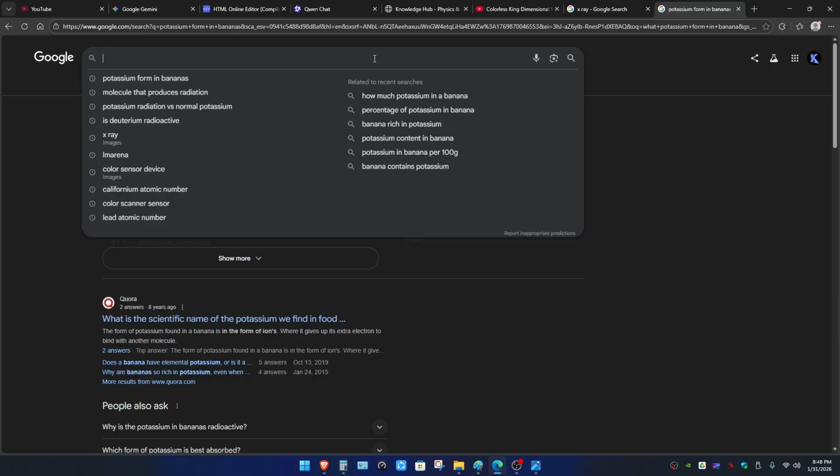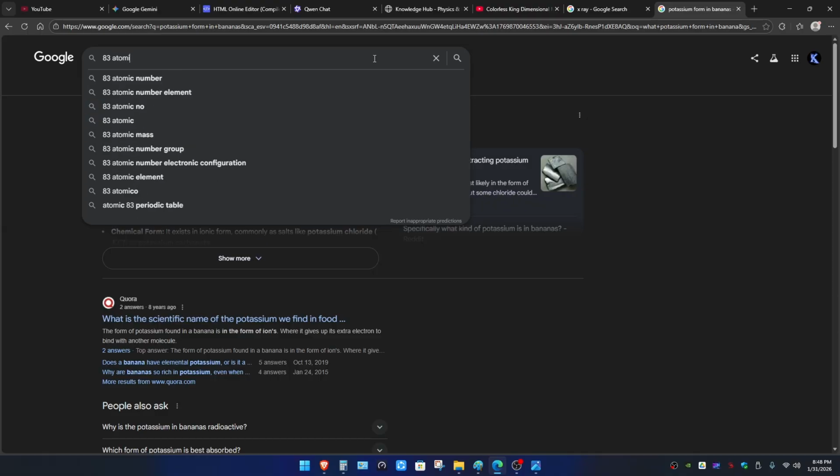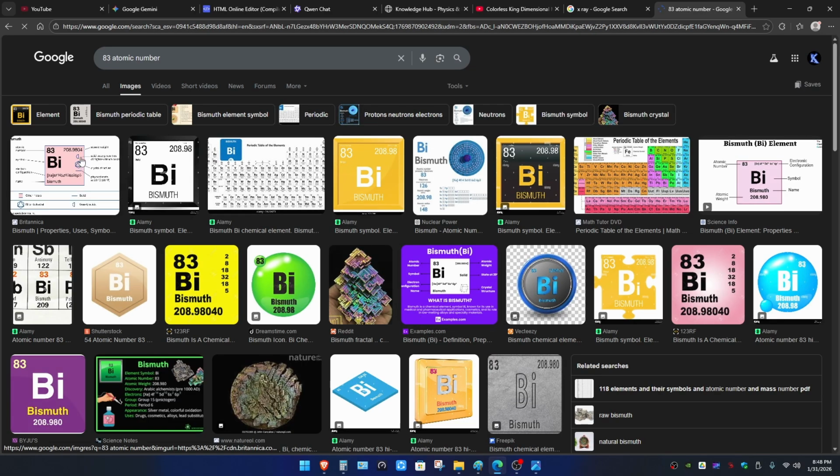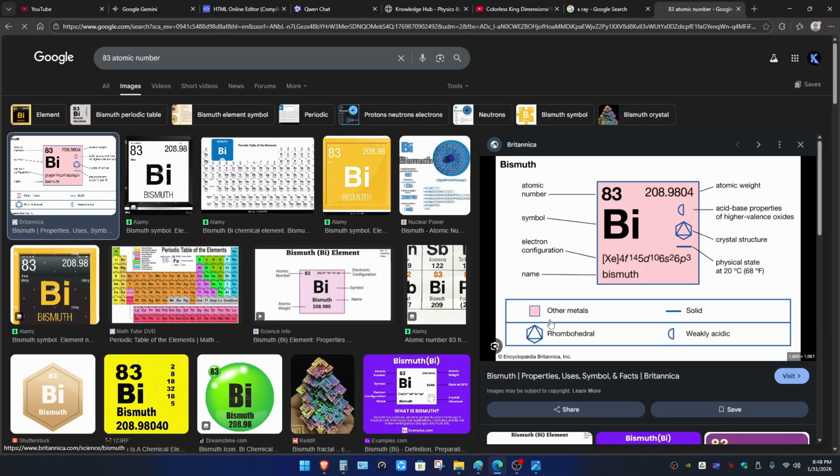Okay, this is what I think my hypothesis is saying, that 83 atomic number, so bismuth, is basically an atom that is in the category of lead, but because of the amount of hydrogen inside the bismuth, which is about 1, it is trying to stay together in such a way that it does not want to shape a proper form.